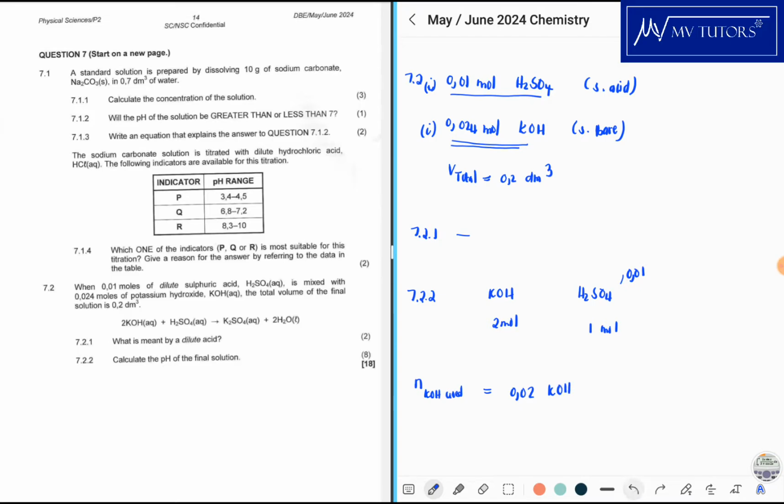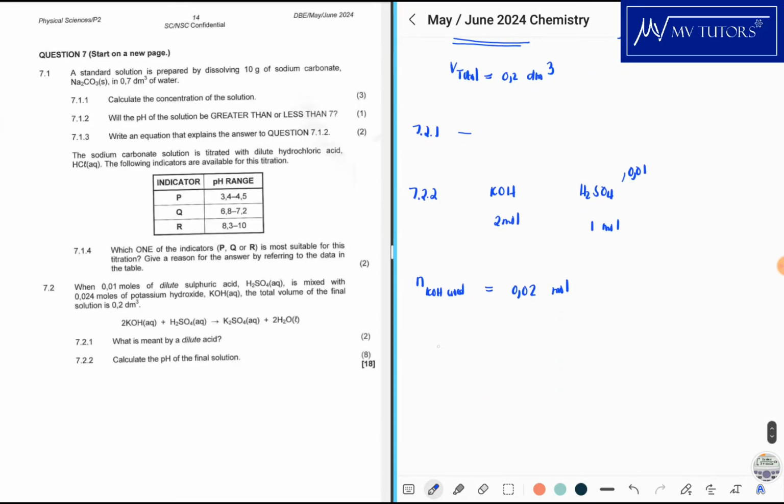Let's put it like this, 0,02 mole. Now if I deal with the excess number of moles, I need to look at what I had initially and what I have now used up for potassium hydroxide, because I have more information for potassium hydroxide.